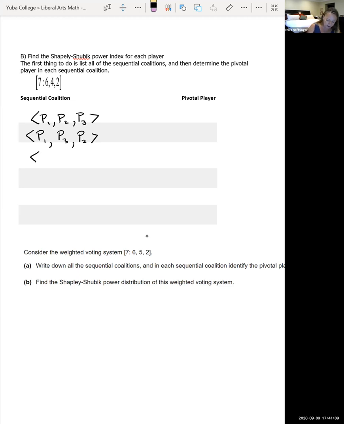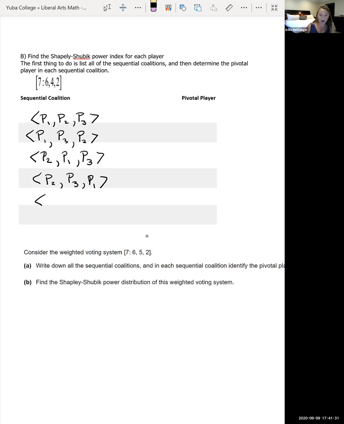We're going to look at the combinations of player 2 coming in first. So player 2 could come in first, then player 1, and then player 3. Player 2 could come in first, and then let's swap the order of player 3 and player 1. So it would be player 3 and then player 1.